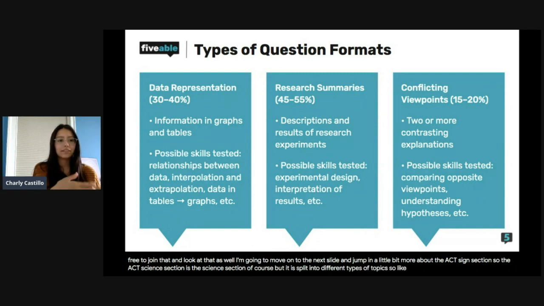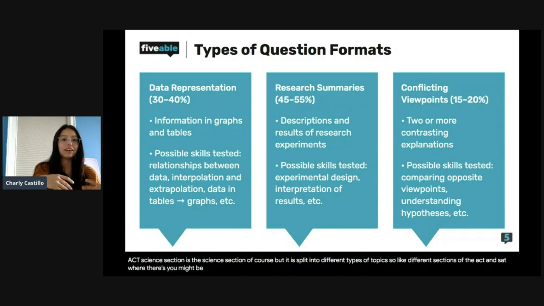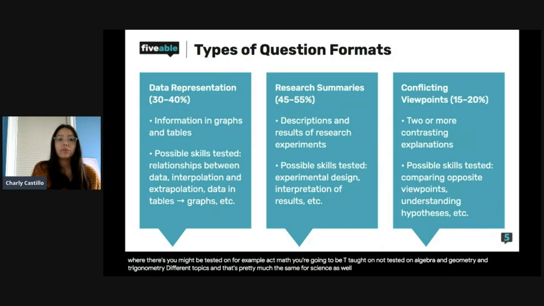Like different sections of the ACT and SAT, where you might be tested on, for example, ACT math, you're going to be tested on algebra and geometry and trig and stats. You're going to be tested on a lot of different topics. And that's pretty much the same for science as well. Whereas math is a little bit more focused on different subjects. Like I mentioned, you'll be tested on algebra and geometry.